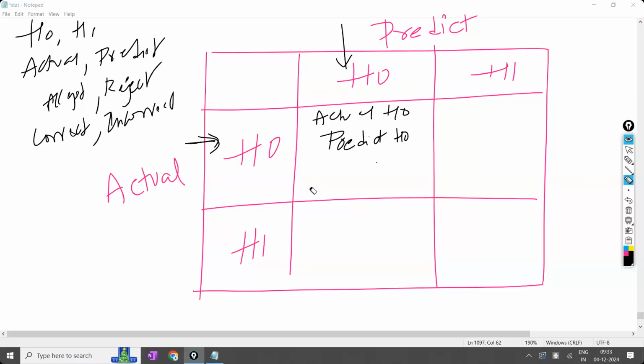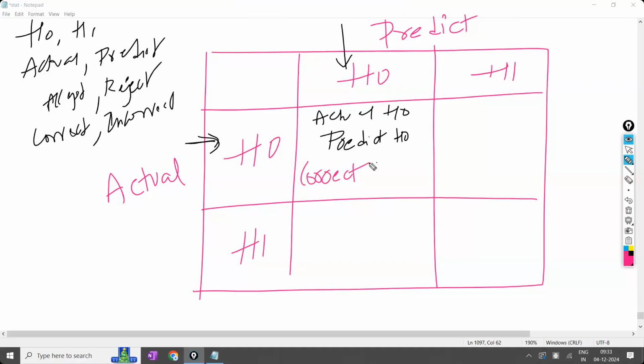Actual H naught and predict H naught means, is it a correct prediction or an incorrect prediction? Correct. You write the first word: correct means correct, incorrect means incorrect. What did you predict? You predicted H naught.